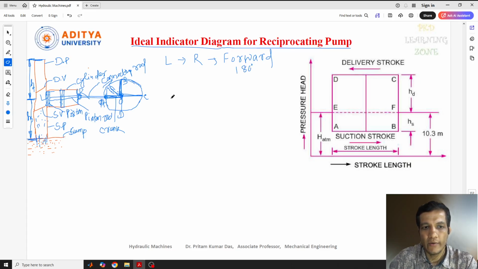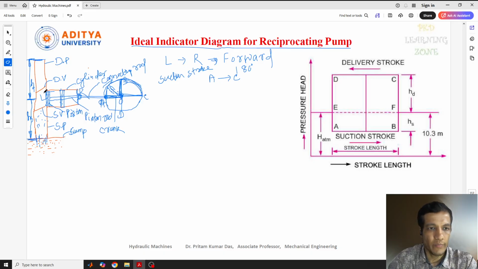If you see, it will start from the A point and be completed up to the C point. The crank will complete half of the revolution. Now this is our forward direction, and this is also called the suction stroke. I'll tell you why it is called the suction stroke. This is our suction stroke.